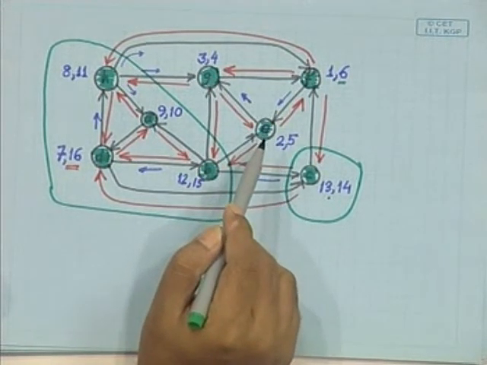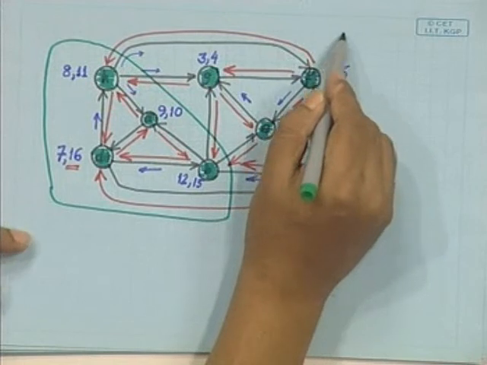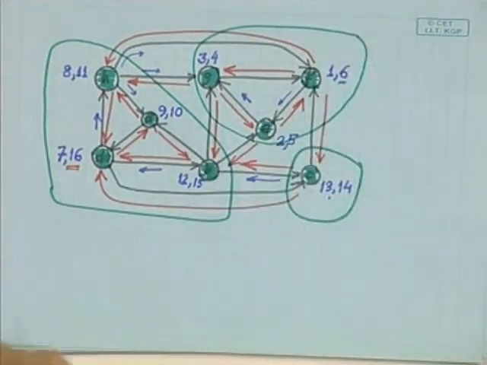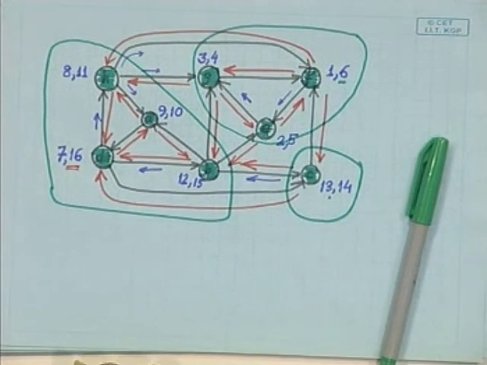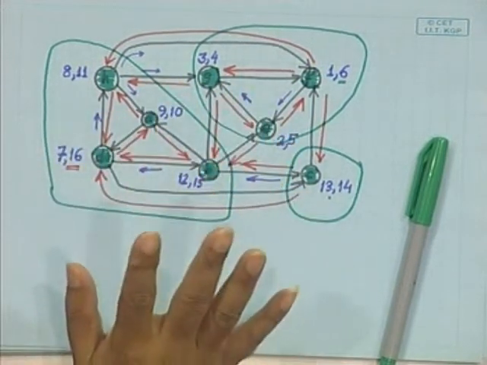That's it, right. So this becomes our third strongly connected component. Now is it clear what exactly our strongly connected components are, and how we find them?